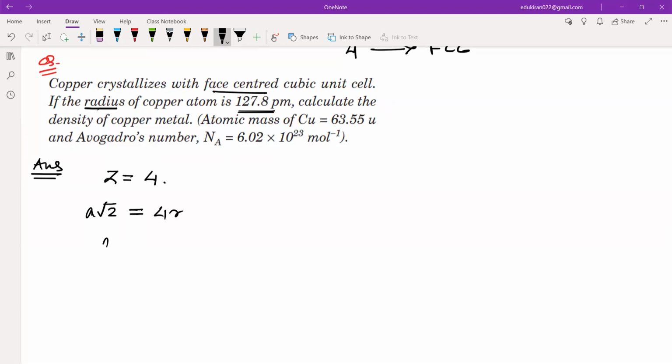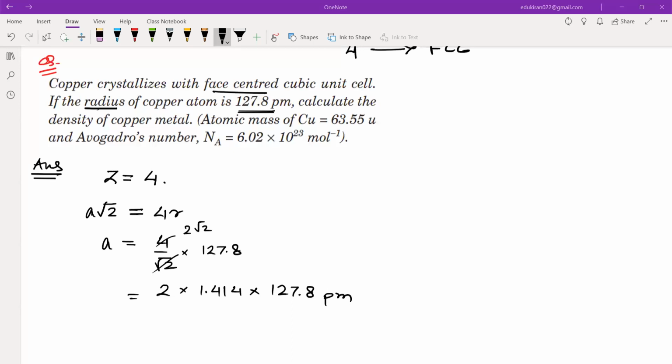And we have to find a, it will be equal to 4 by root 2 into r, which is equal to 127.8. So this can be multiplied by 2 root 2, right? If you multiply 2 root 2 into root 2, you will get 4. So then you will have 2 into root 2 is 1.414 into 127.8 picometer. Yes or no? I hope till here everyone is fine.